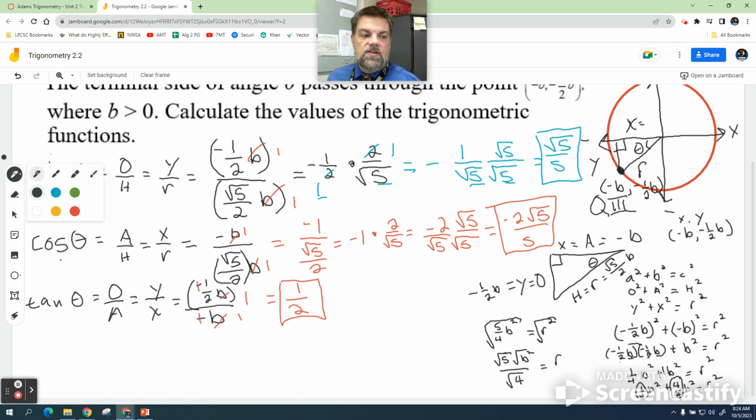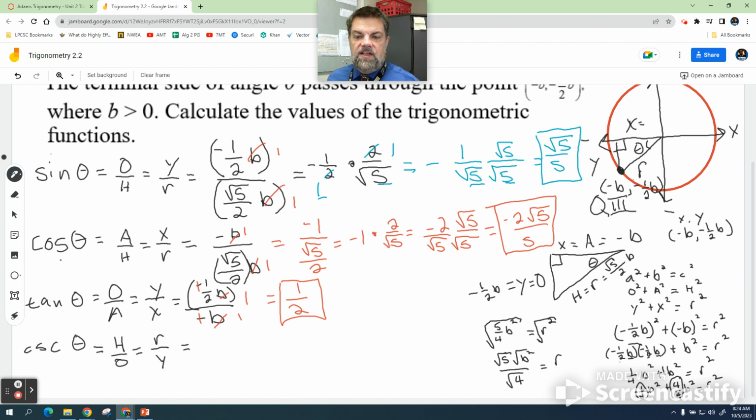Cosecant, right? So cosecant, and I'm running out of room, cosecant of theta is actually the hypotenuse over the opposite, which is equal to the radius over the y value.